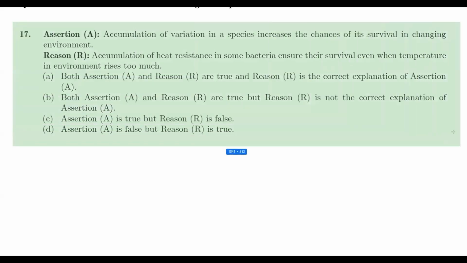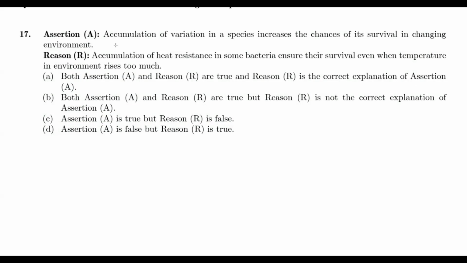So the next question is from the chapter again, reproduction or could be heredity. Let's read it. It's an assertion and reasoning question, which is always difficult to figure out, depending upon the question. Let's say the assertion says accumulation of variation in a species increases the chance of survival in a changing environment. Yeah, that's true.